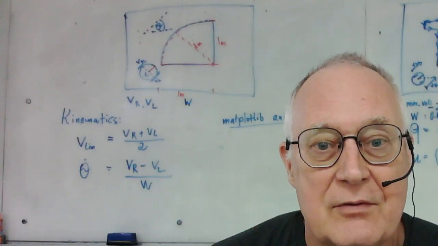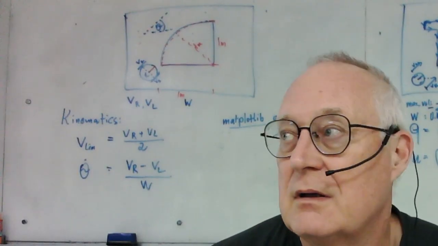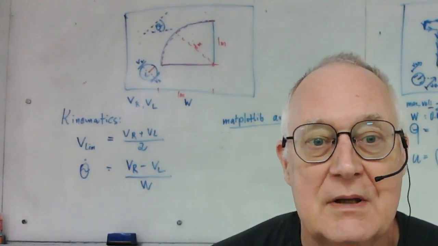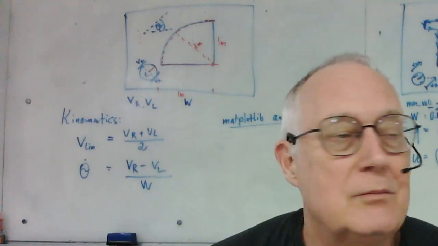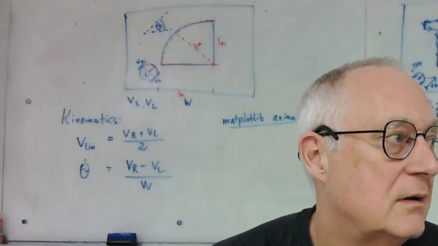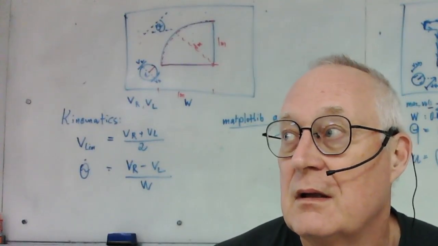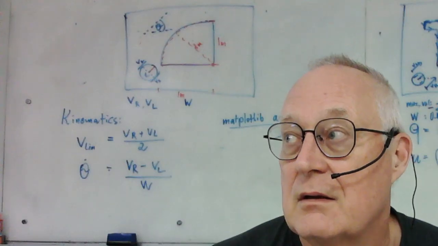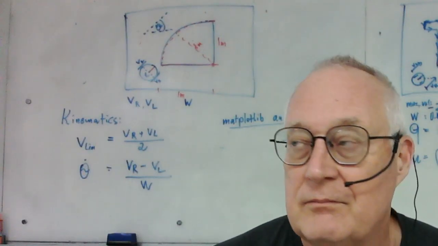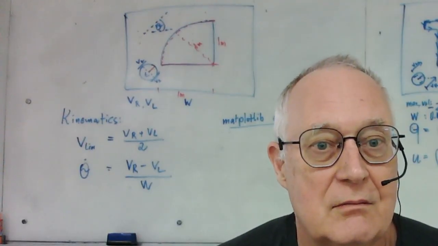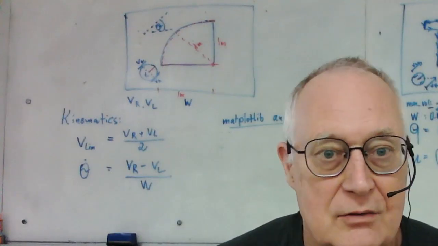You give the right and the left wheel velocity to get the movement that you want. Correct, yes. And these are the kinematic equations that you need in order to be able to do it.